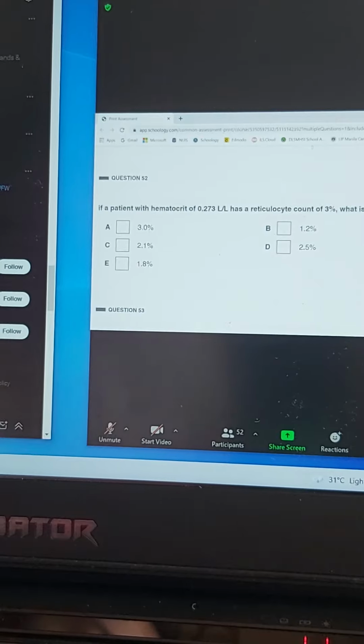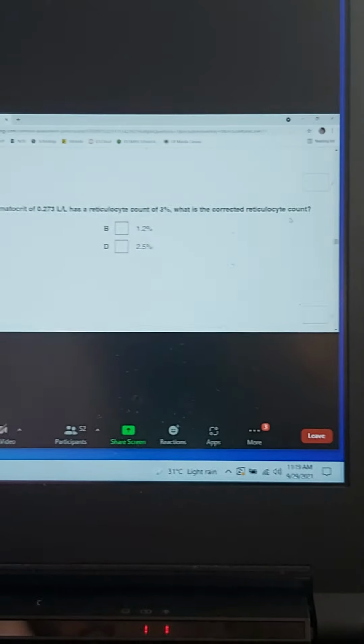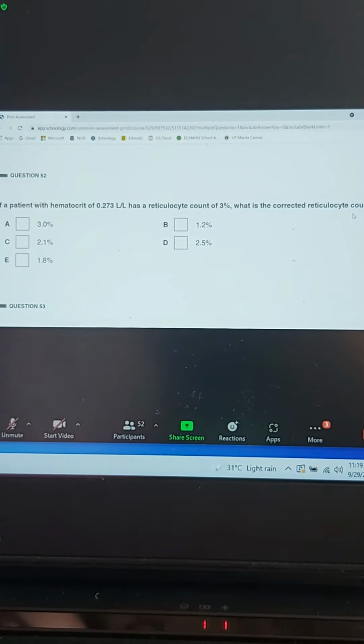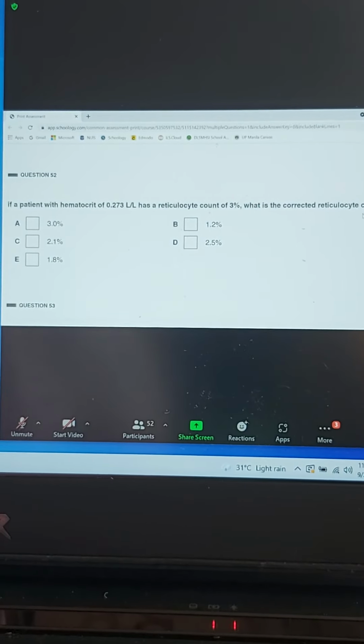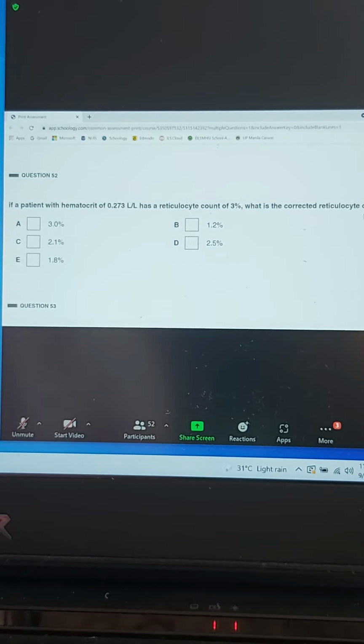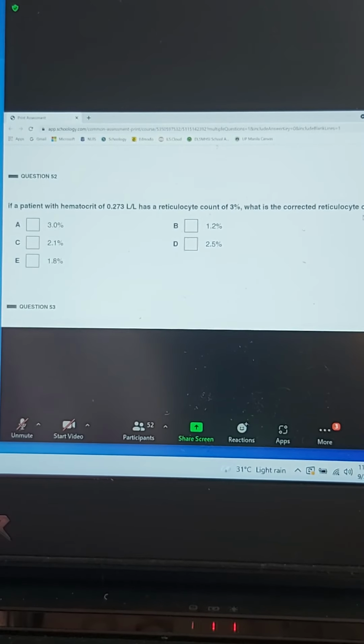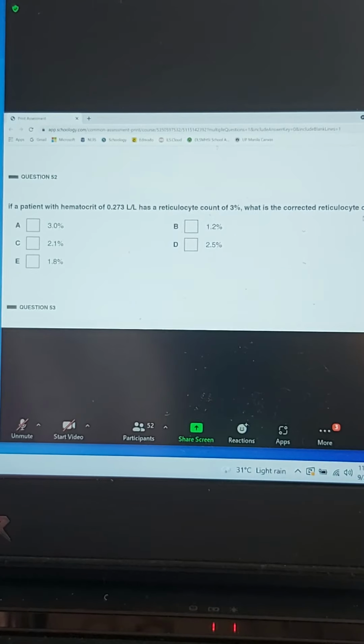Okay. So, ginamit niyo ba yung 0.273 liters per liter as is?